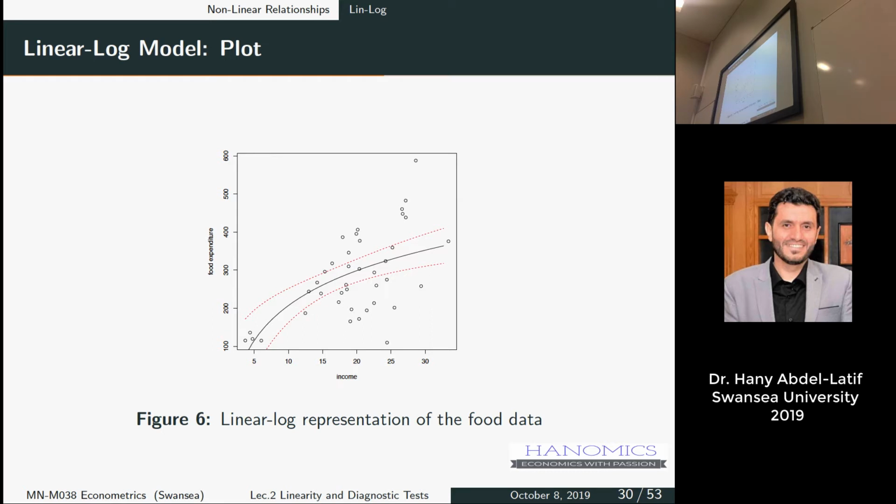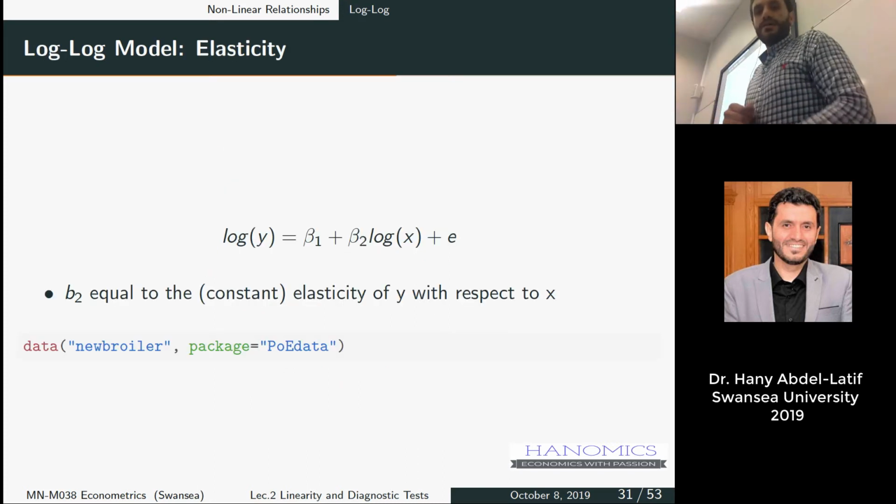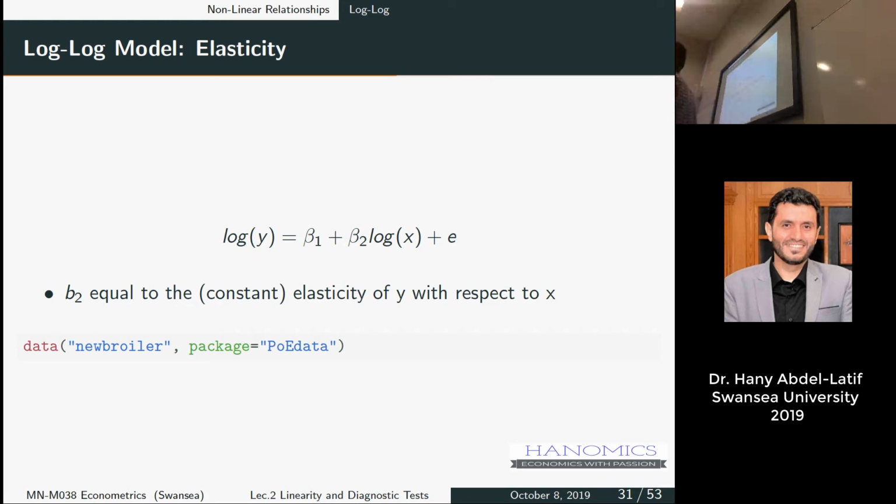So 1 unit change in X will lead to, you multiply beta by 100, and that's the percent change in Y. The other case, when we have the log on the right-hand side, then you divide by 100, and that means a 1% change in the independent variable X will lead to beta over 100, so divided by 100, change in Y.